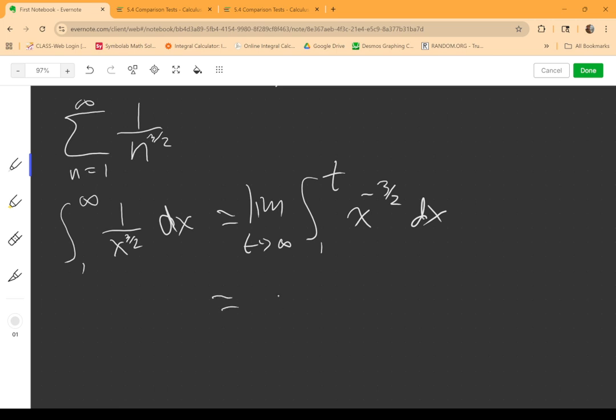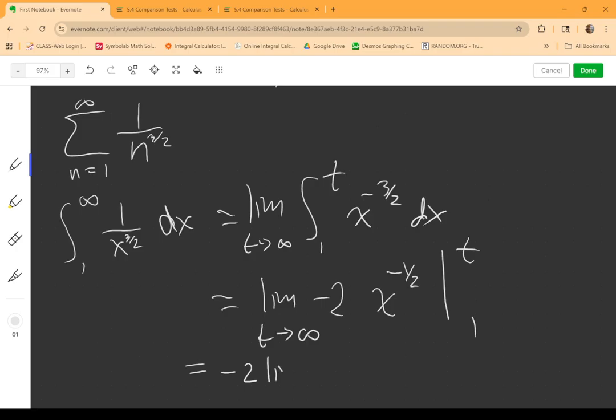Add 1 to the exponent and we get x to the negative 1/2. We divide by the new power, negative 1/2, which is the same as multiplication by negative 2. And this goes from 1 to t.